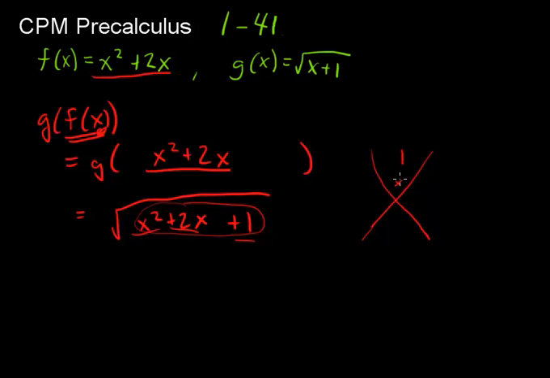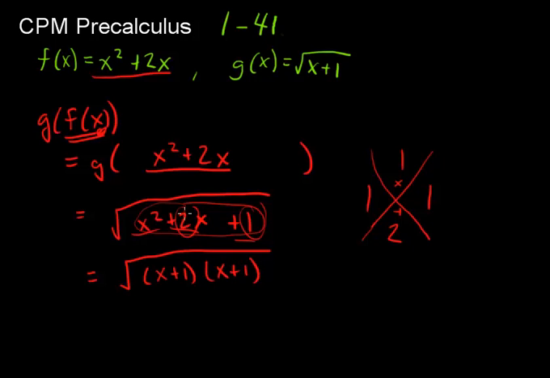We want to multiply to get 1, and we want to add to get 2, right? So what numbers can we add to get 2 and multiply to get 1? Well, 1 and 1. So that's equal to, keep the square root, don't forget that, x plus 1 times x plus 1. So that's just factoring what's on the inside there.